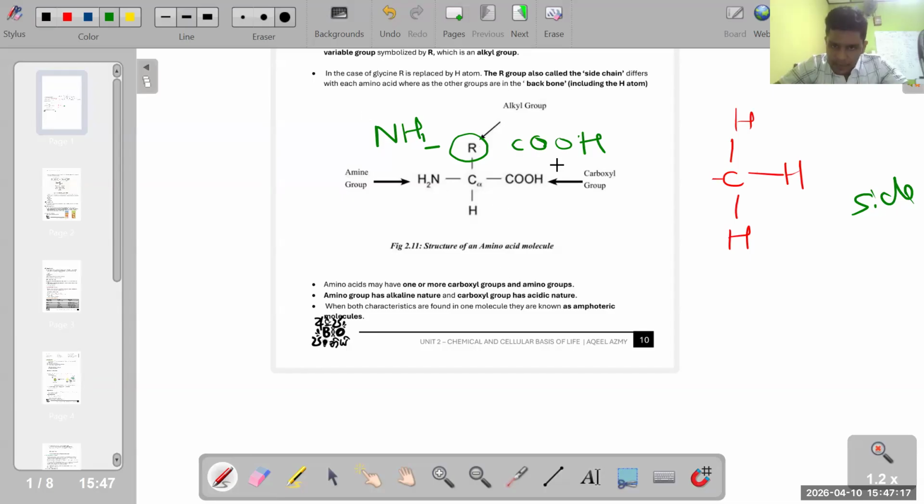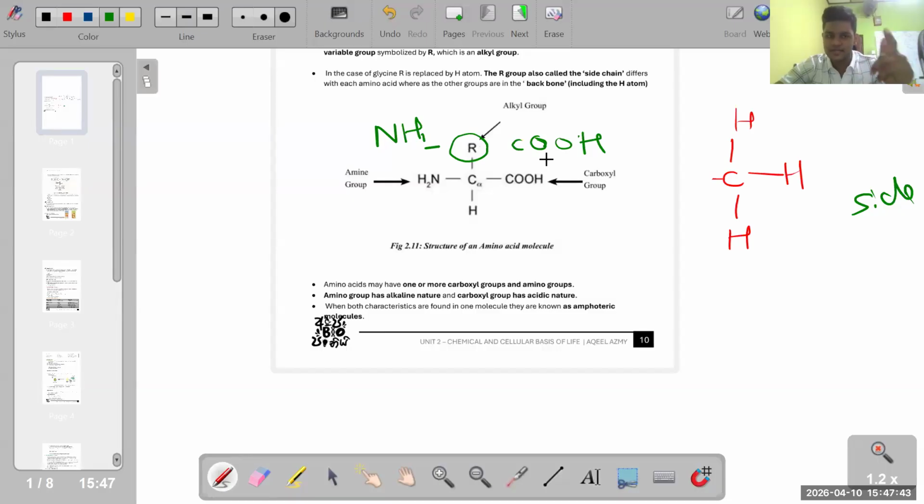Okay. This carboxyl group is naturally acidic in nature, which means it has a lower pH. So, as the carboxyl group is acidic in nature, just because the amino acid has a carboxyl group, the amino acid gets an acidic nature as well. Now it got a basic nature first because of the amino group. Now it gets an acidic nature due to the carboxyl group. Now what type of nature does the amino acid have?